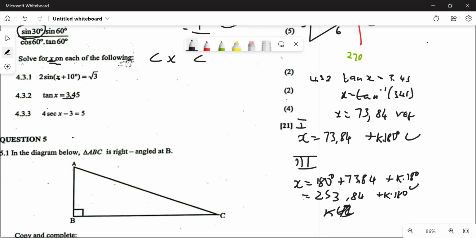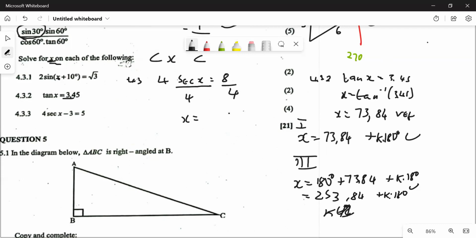Paul, what will you do here? 4.3.3. You take this 3 to the other side, and then you're going to be left with 4 sec x, which is going to be equal to 8. You divide by 4, and then you want x.